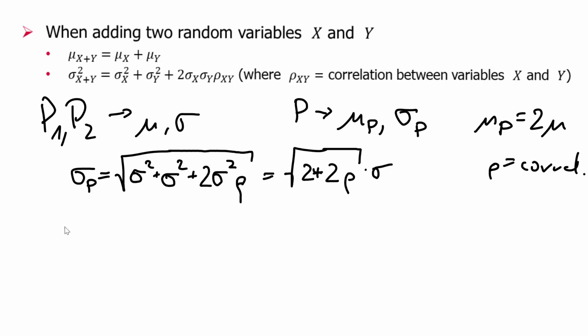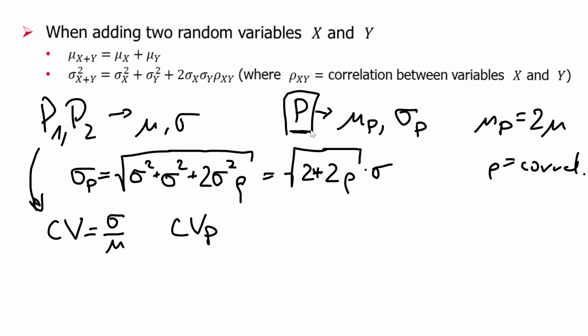So now if I want the coefficient of variation for my initial product, CV, for those products, CV is just sigma over mu. Now CVP for this combined product, this product P, will be, of course, sigma P over mu P. And I can continue the calculation by plugging in.